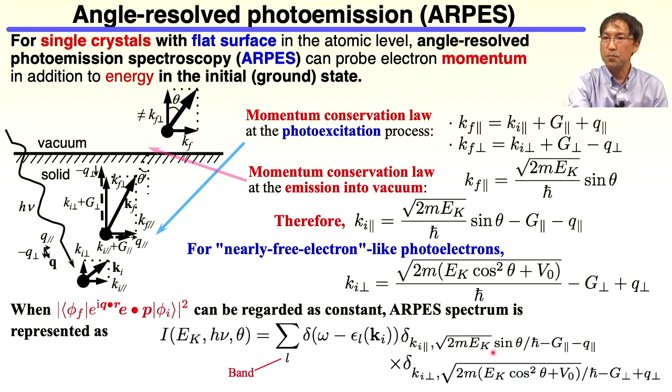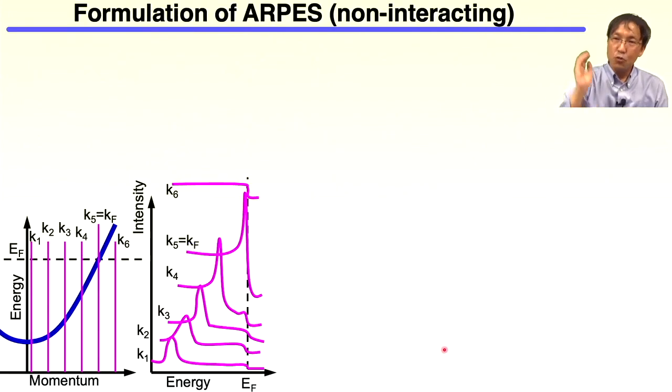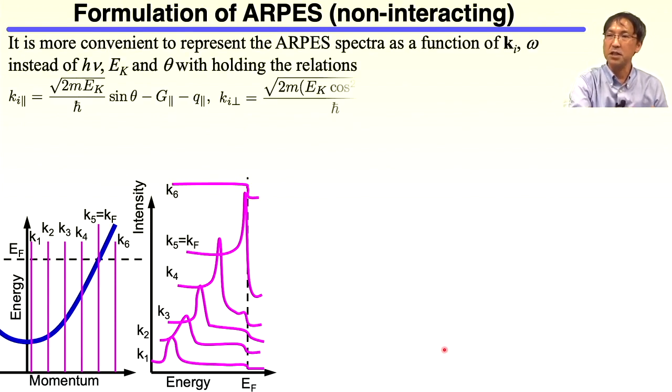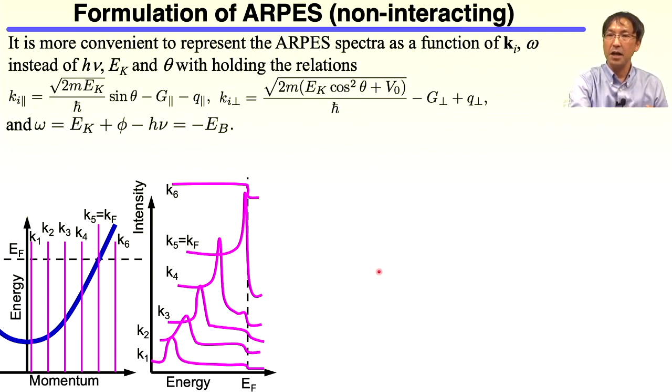Compared with the simplified angle-integrated photoemission spectral function, two Kronecker deltas concerning the momentum conservation are multiplied in the ARPES spectral function. Usually, the ARPES spectral function is expressed as a function of the momentum in the initial state Ki and the electron energy omega, instead of h nu, Ek, and theta, holding the relation shown here.